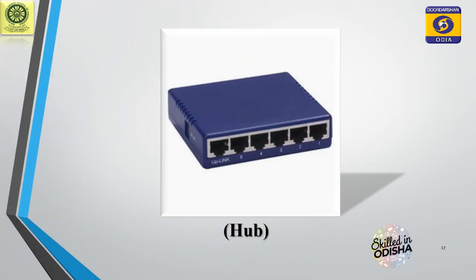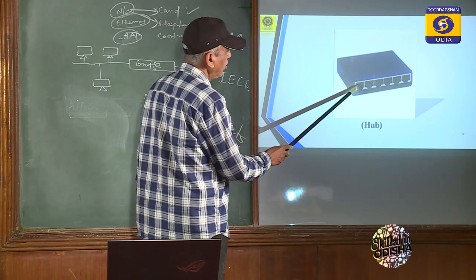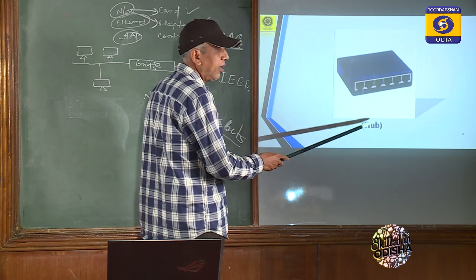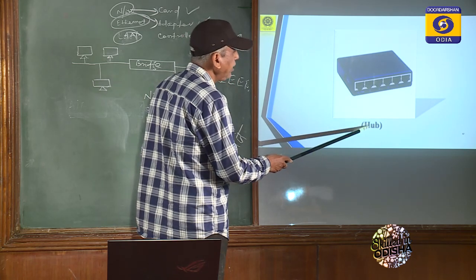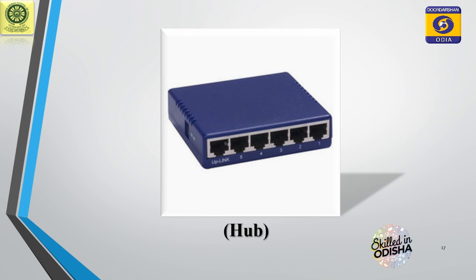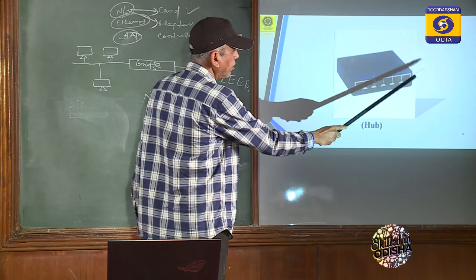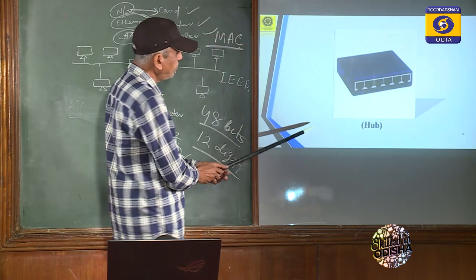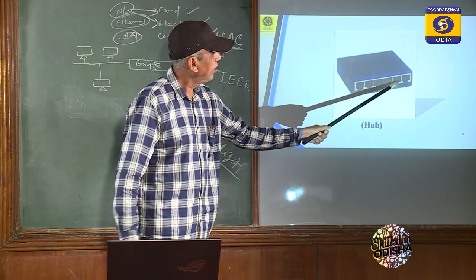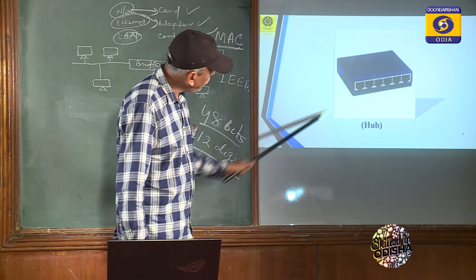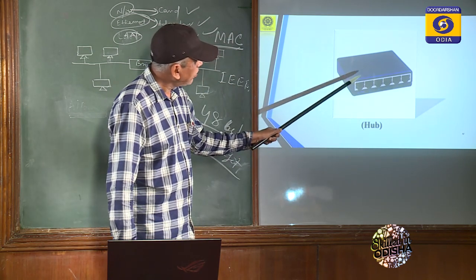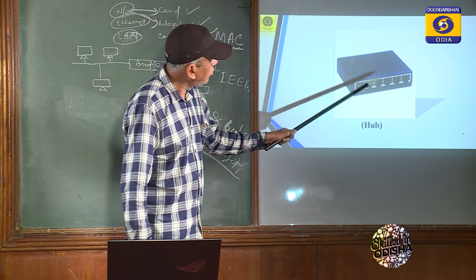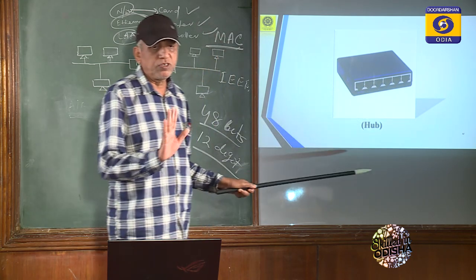Next is the hub. Within it, a number of ports are there. A hub is a networking device with 6 ports. Previously it was one computer to one computer, but in this case 6 computers are connected to the 6 ports. If one computer wants to send to a particular system, it is not possible.